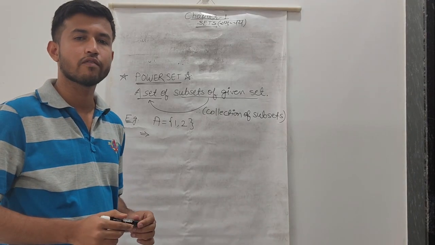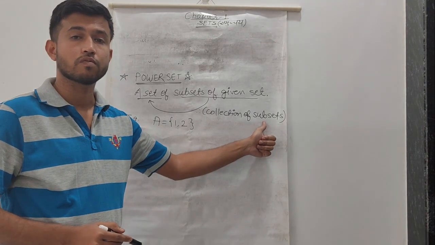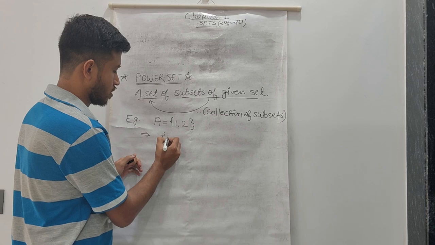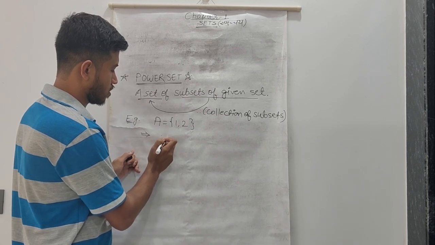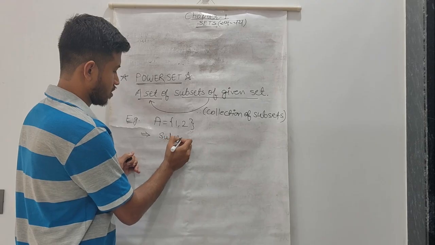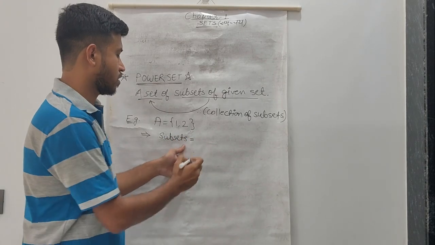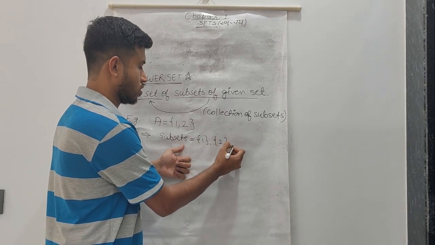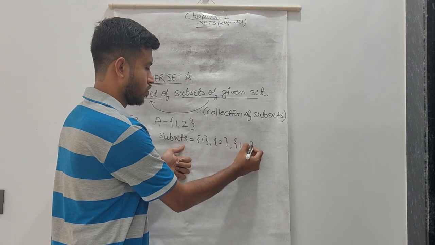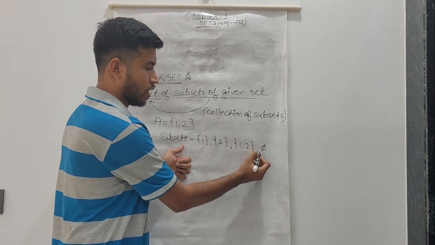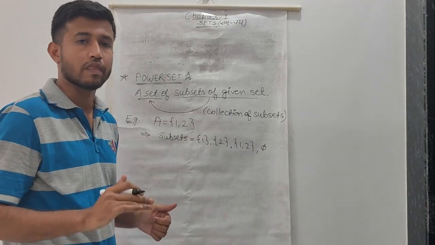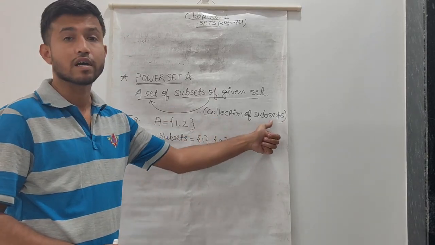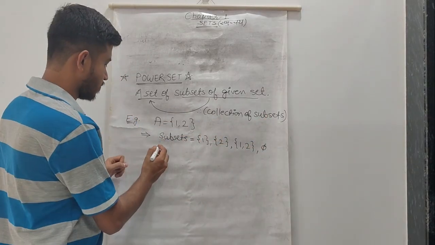Initially we have to find what the subsets of this set are. The subsets will be {1}, {2}, {1, 2}, and the empty set. Now, what do you mean by the power set of this set? It is a collection of subsets. Simple.